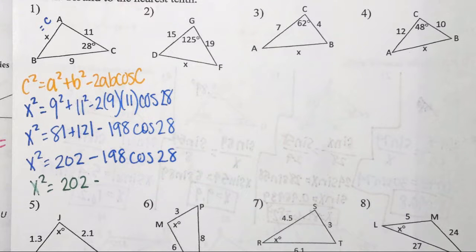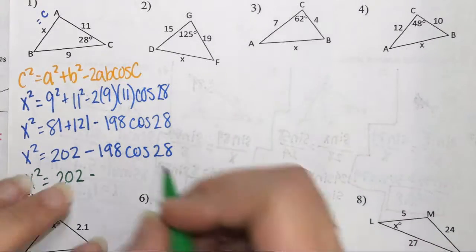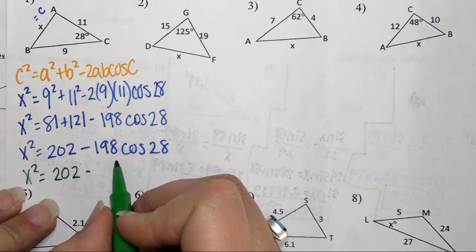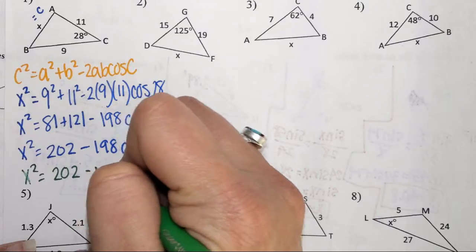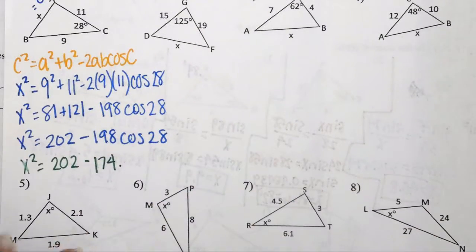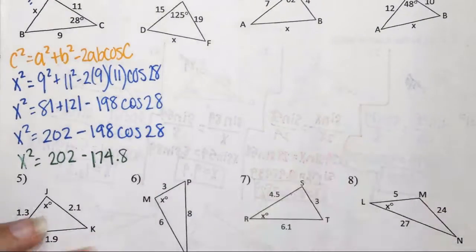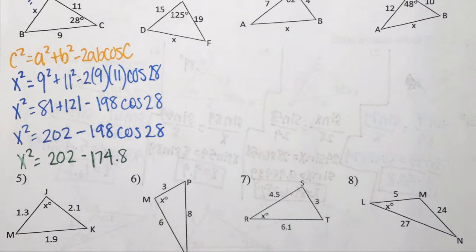You have to do everything backwards on that one. What'd y'all get for the 198 times cosine of 28? 174 point what? And then you subtract and you take the square root, right? So subtract and take the square root. All right, work on those.